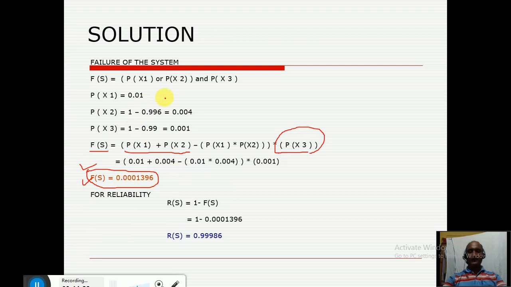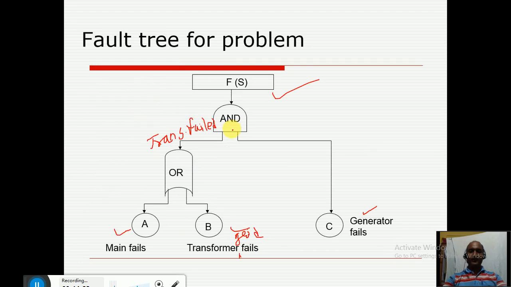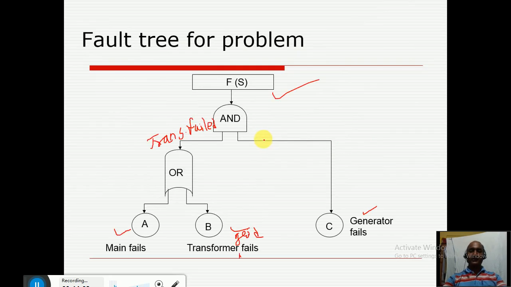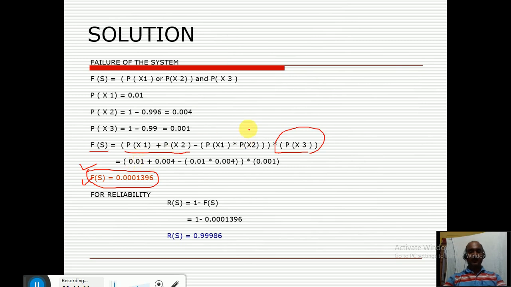All these values are given in the problem. You can pause the video and read this problem very carefully. The probability of failure or the reliability of every element is given there. You just have to put that in the fault tree diagram and write down the formula. Writing this formula is again very simple, and then you will get the reliability 1 minus F of S. Finally you will get the reliability of 0.99986.